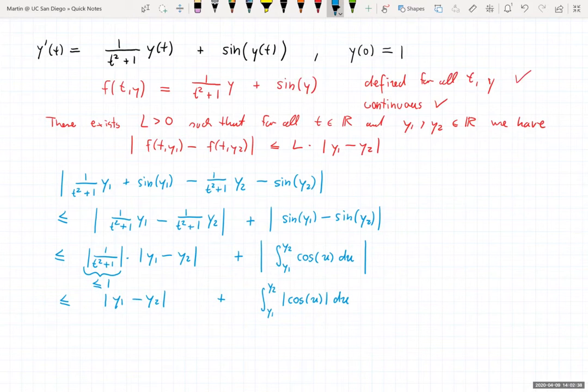And of course, this can also be bounded by just 1 times the distance of y1 minus y2.